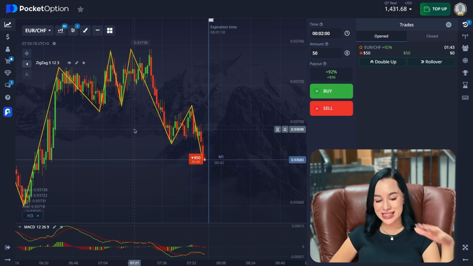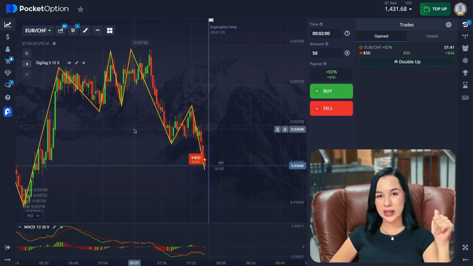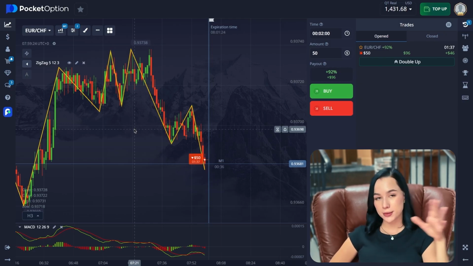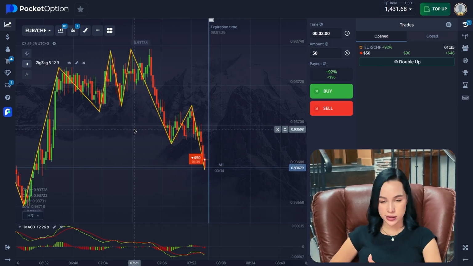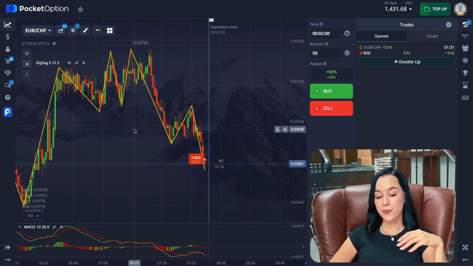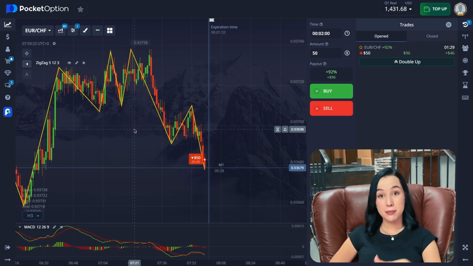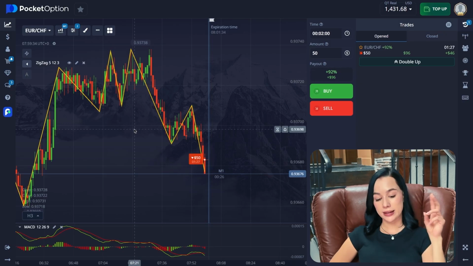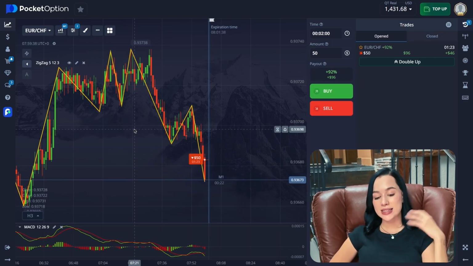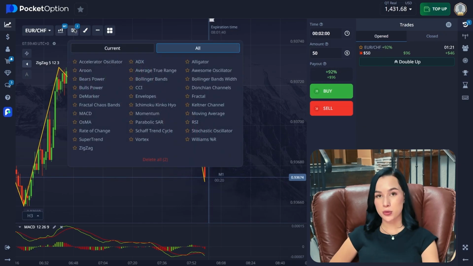So indicators are used, first of all, for identifying trends, to see whether the market is moving up, down, or sideways. You can also see it just visually by yourself, but indicators can do it for you, for example EMA, SMA, MACD also. Second, for measuring strength, to assess how strong a trend or momentum is, for example RSI or ADX.